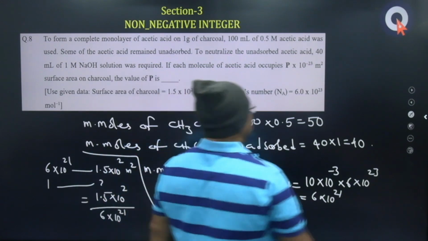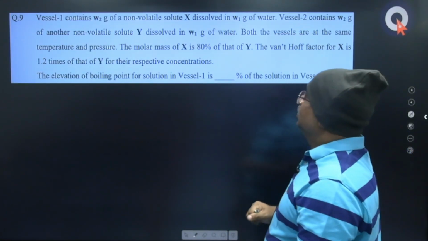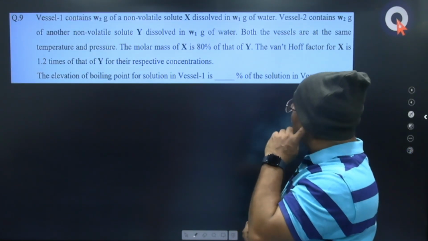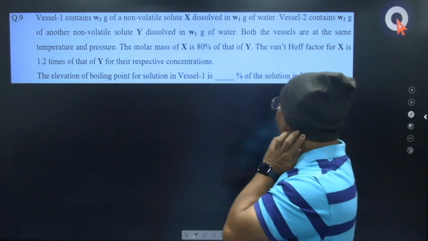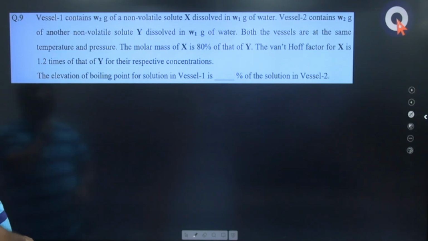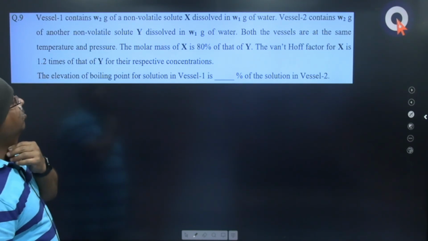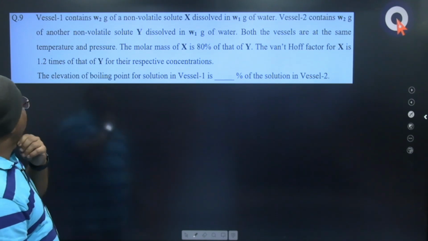Now coming to the next. Vessel 1 contains W2 grams of non-volatile solute X dissolved in W1 grams of water. And vessel 2 contains W2 grams of another non-volatile solute Y dissolved in the same amount of water. Both vessels are at the same temperature and pressure.